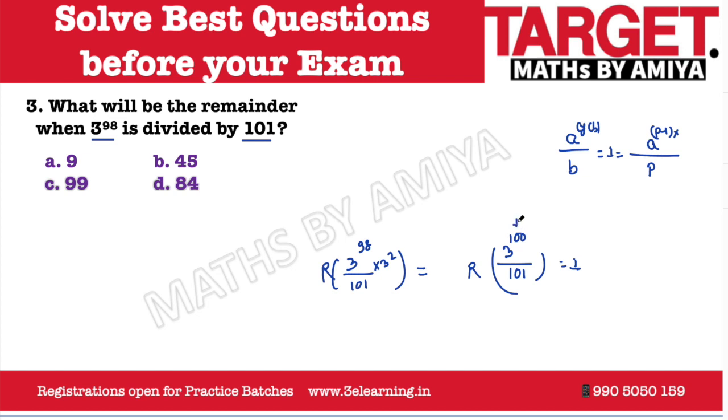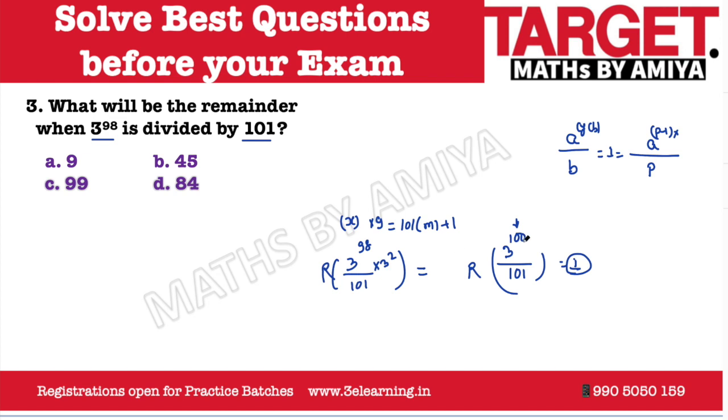We first work on the Euler, then change the number into some product equal to the Euler, then we solve the question. Say this remainder is x, then x into 9 would have remainder 1. So the required remainder x into 3 square, which is 9, when divided by 101, is 101 into another number plus 1. So we write nothing but the Chinese remainder theorem.